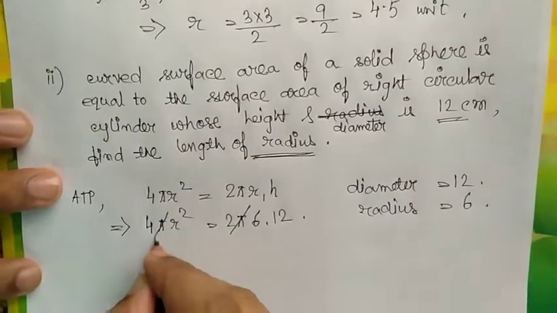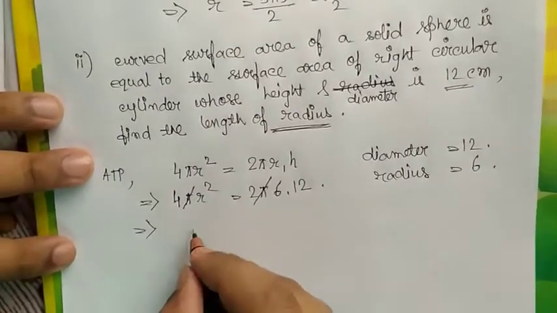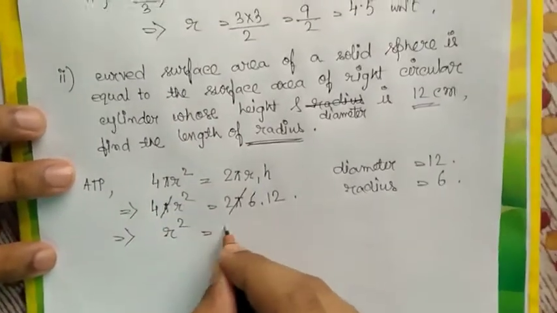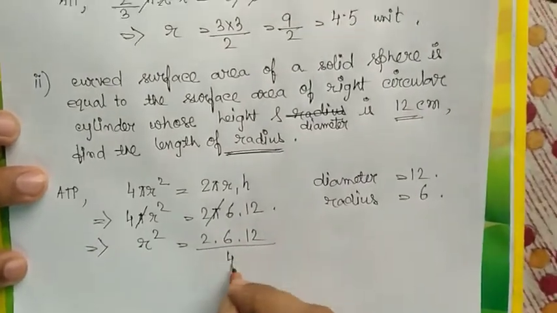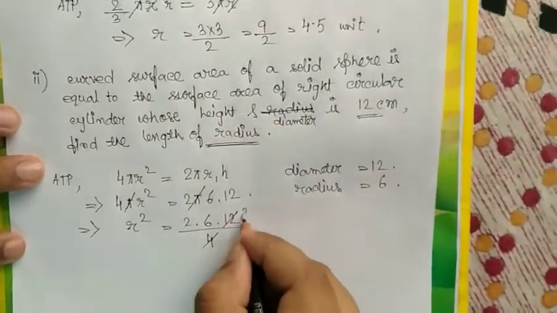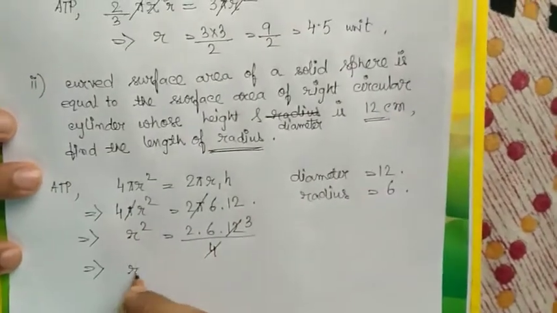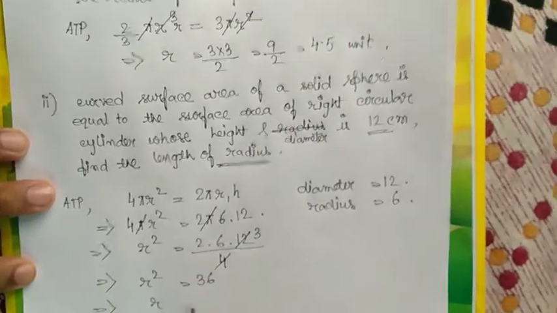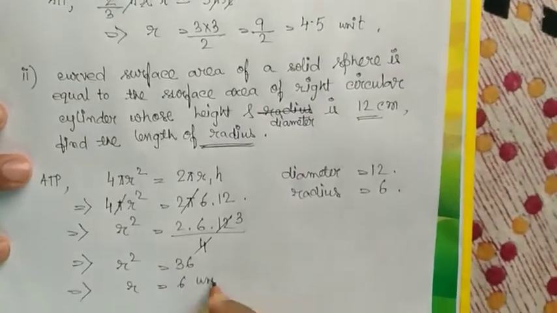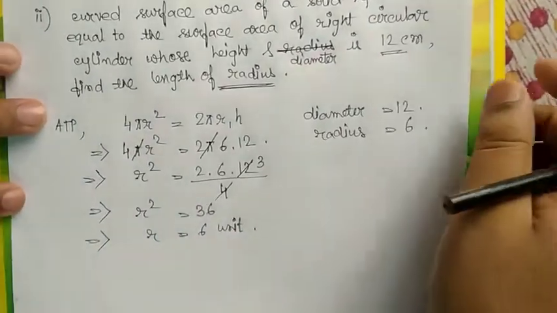Eliminate pi and pi. So therefore r square equal to 2 into 6 into 12 by 4. So therefore radius equal to 6 unit.